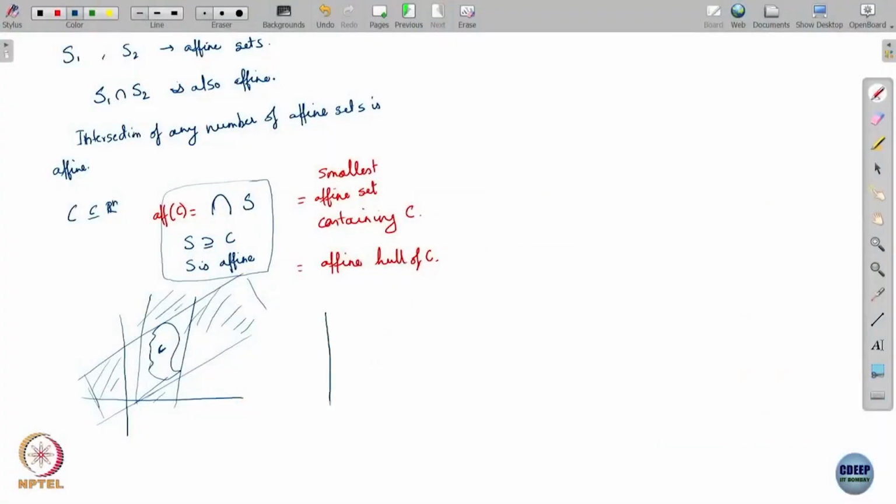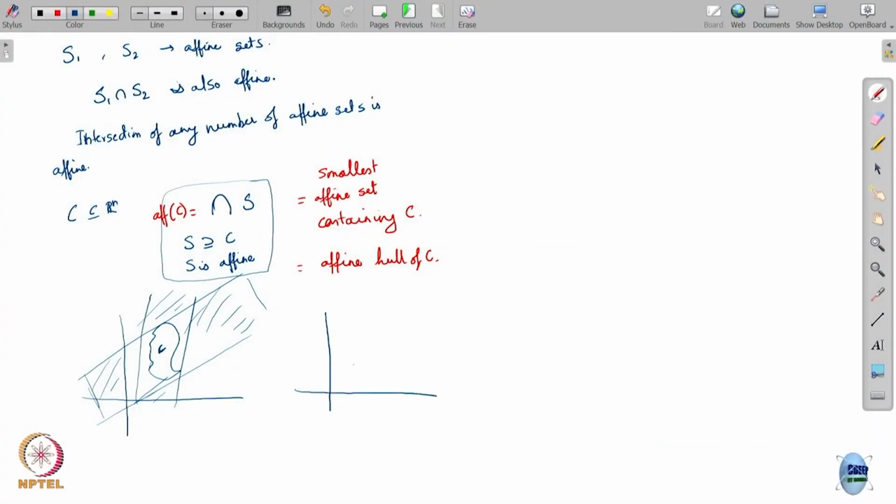Is there any other affine set that contains C? If you think about it, in R2 there is just not enough space to fit in another affine set, which is not R2 itself. So let me draw another figure for you just to make this easier.